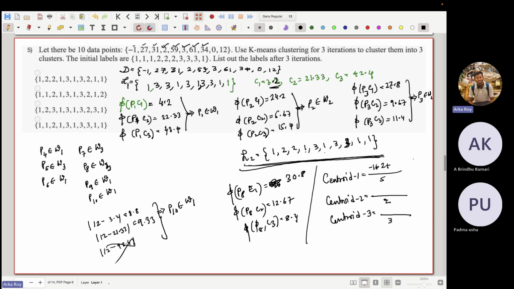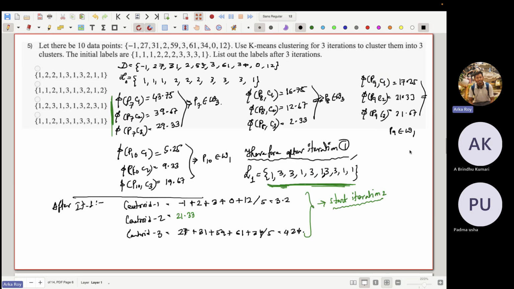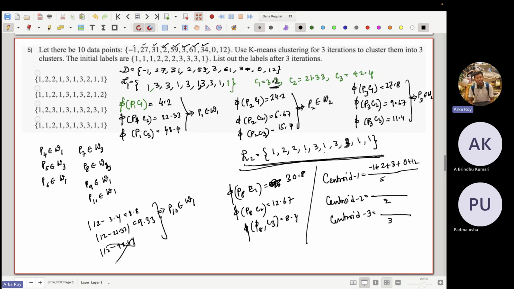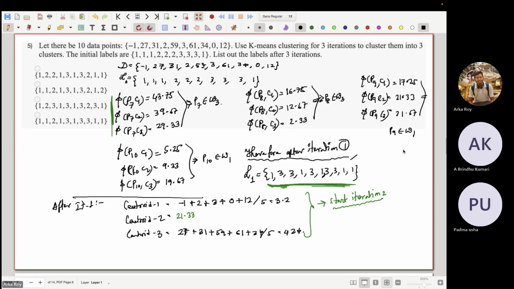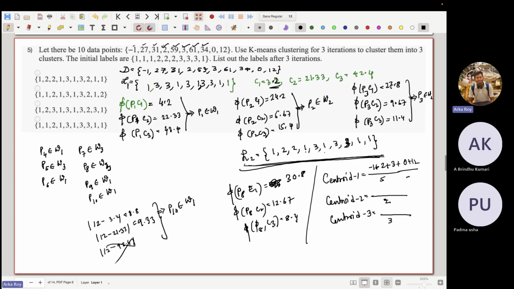Then we have the sixth one, that is 3. Then we have the last two, so 0 plus 12. So I think this is same as the previous one, -1 plus 2, 0. Yeah. So this is again 3.2 as the centroid.